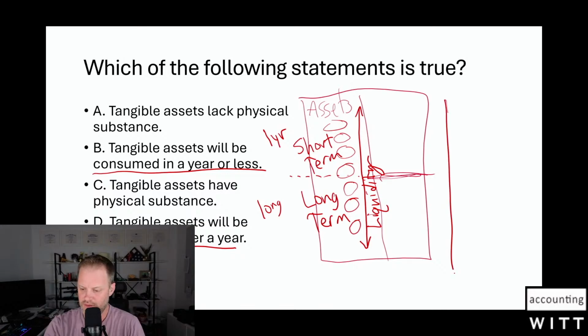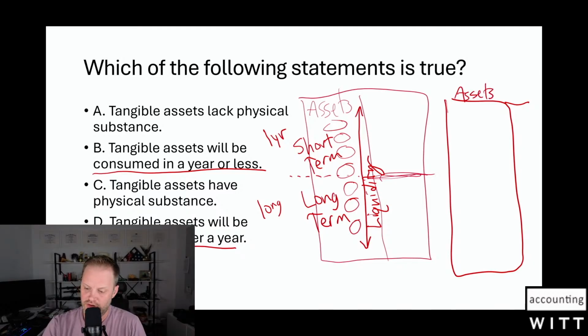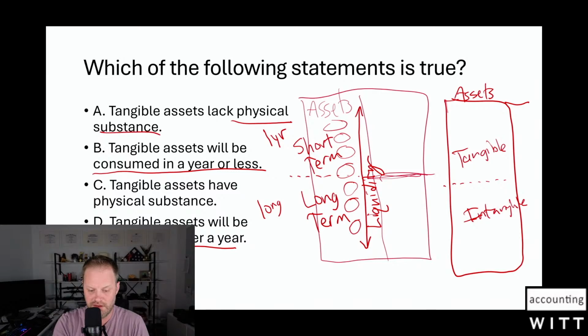Well, if I draw the balance sheet again, say these are assets, another way that assets can be divided is tangible and intangible, which is just like the term sounds. Tangible means that it's physical substance. So, no physical substance, yes physical substance.